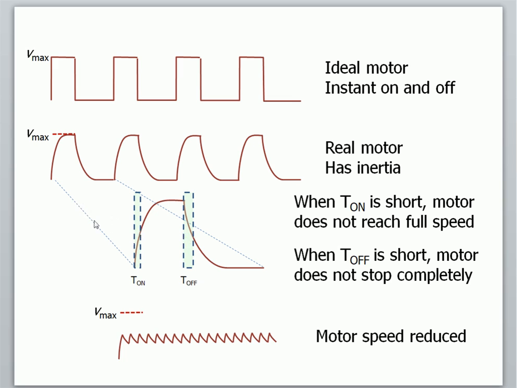So if you use small periods and a small on-off cycle, then what you will get is something that would look like this ripple signal. And it would average out to some speed in between 0 and maximum speed. So your motor speed is reduced. The longer it goes on for, the higher the speed would go.